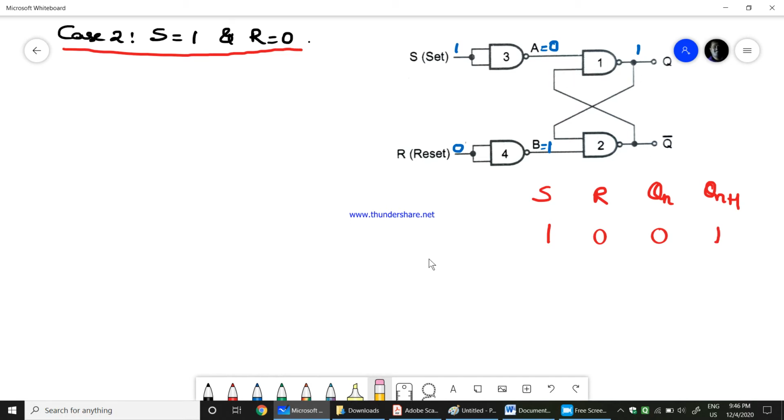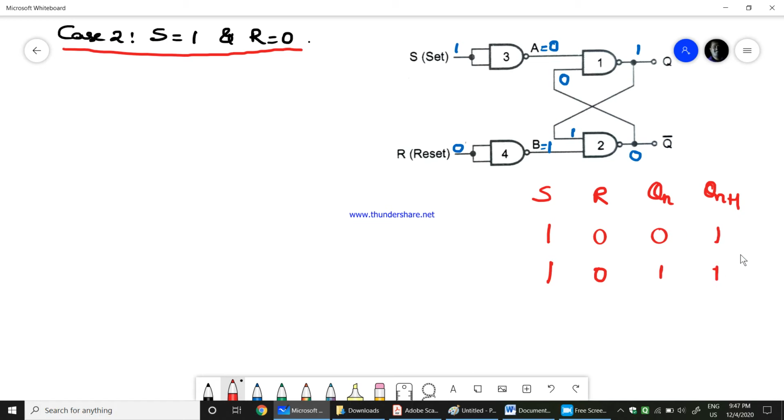So 1 is given here to the input of NAND gate 2. Now 1 NANDed with 1 gives 0, and this 0 is given here. 0 NANDed with 0 will again get back 1. So with the present state being 1, I got Qn plus 1 also equal to 1.